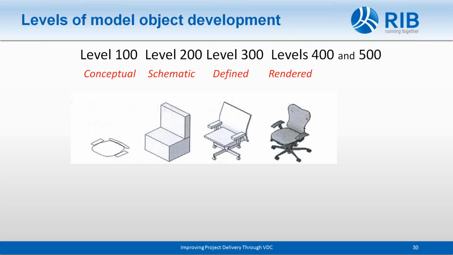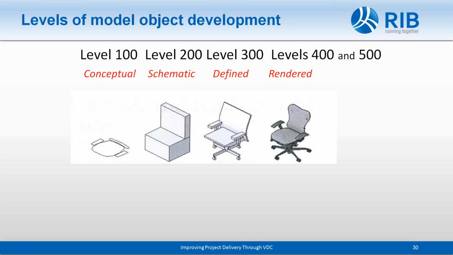Okay, again, here's a series of levels we can look at to get an idea as we move from 100 to 500. We go from left to right. At the conceptual stage, we don't know that that's a chair. We just know that something's going to go there. Now we know we have some kind of seating, but we don't know anything more than that.